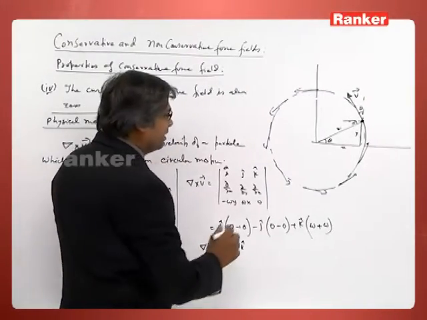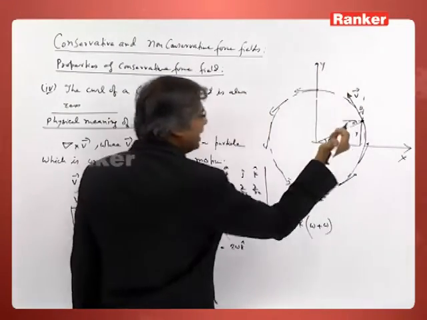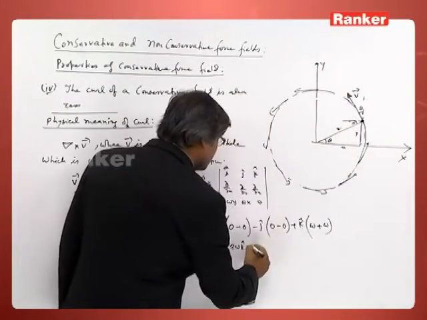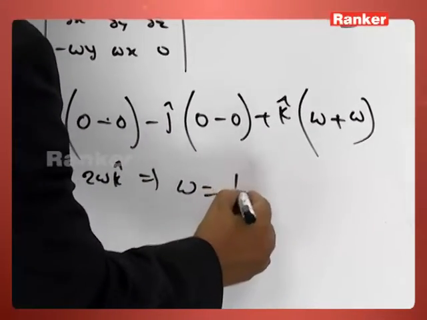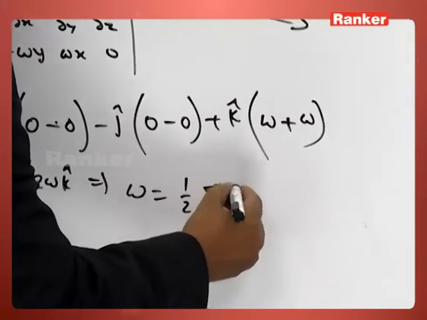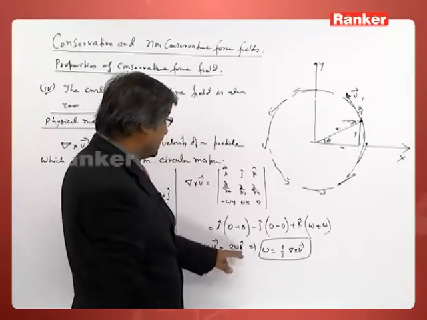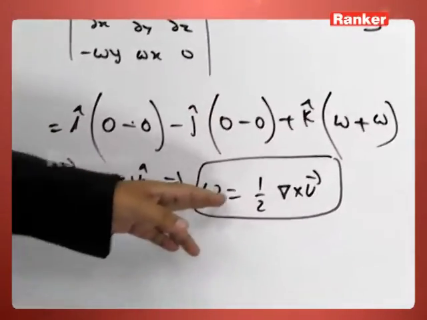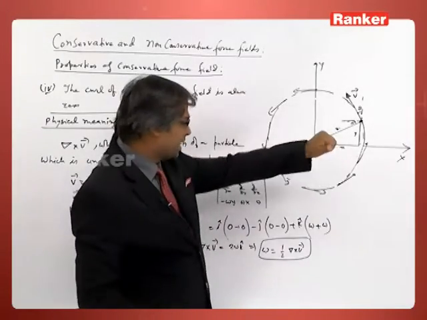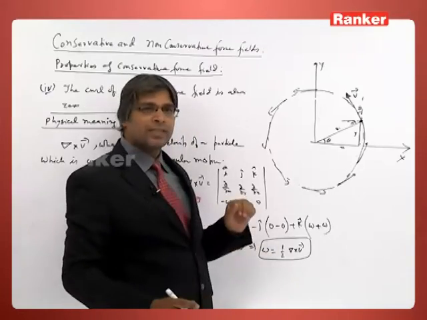You can see the x-axis is here, the y-axis is here and the z-axis is here. The direction of omega is half of curl of V, in the k direction. So omega, the angular velocity, is a vector in this direction which is half of curl of V and which is a finite quantity.